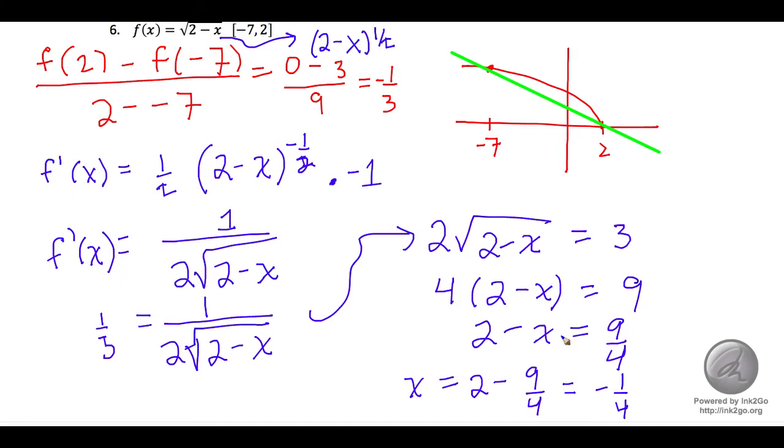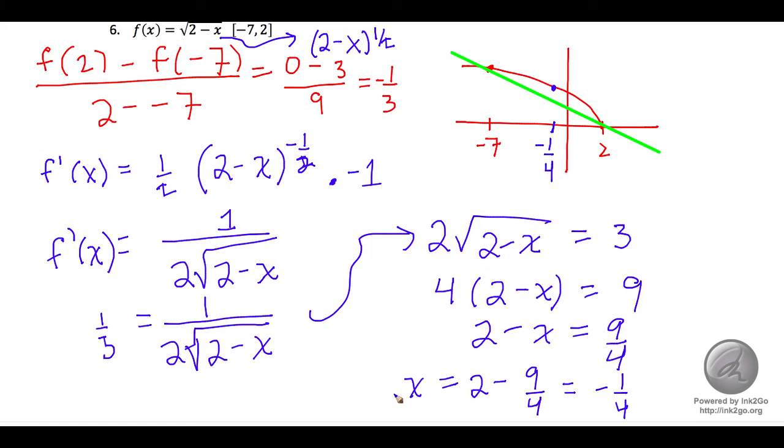So what does this say? This says that if I were to take negative 1/4 and plug it into the f prime function, I would produce a result of negative 1/3. So somewhere along here, this would be right around negative 1/4.